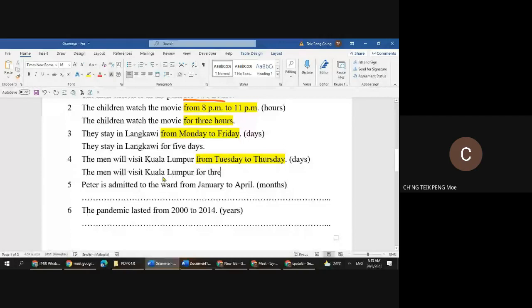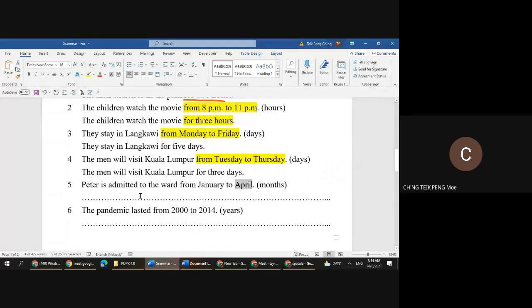Alright, for 3 days. Now, number 5, Peter is admitted to the ward from January to April. Okay, April maksudnya bulan 4. Okay, kita nak kira termasuk juga bulan 4 ya. Is admitted to the ward maksudnya masuk ke dalam ward.